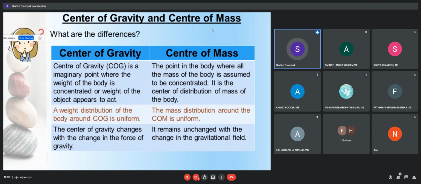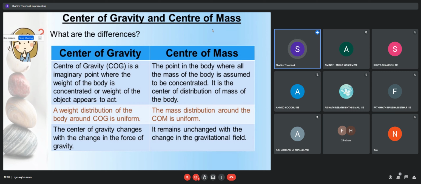At center of mass, you can see how the mass is distributed. It is uniformly distributed. This is why, if we know the center of gravity, we can balance an object, because the weight is distributed throughout the body and around the center of gravity.